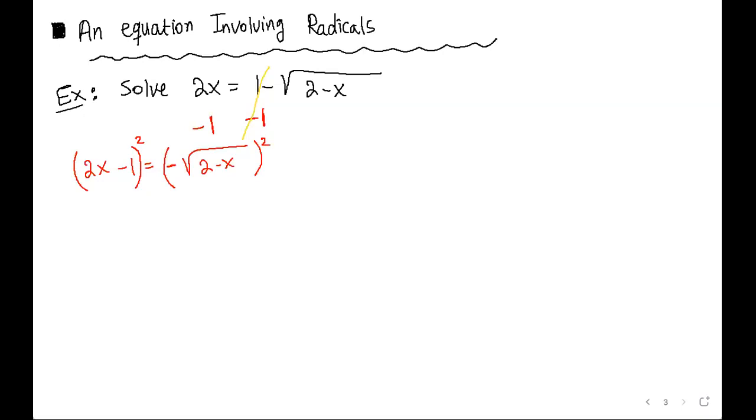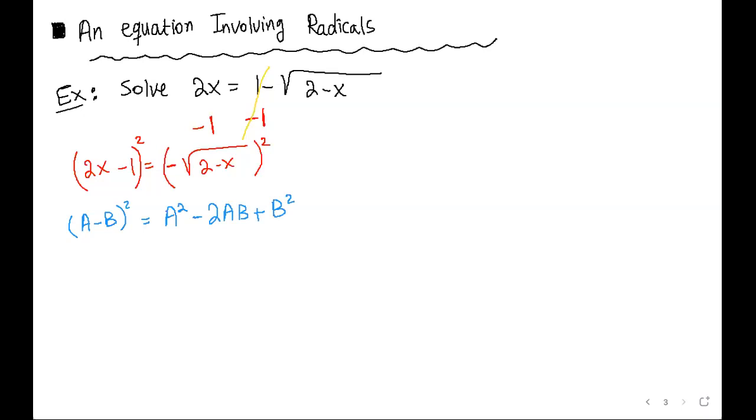So to square this side, I use the property, let me remind you again: a minus b, everything squared, is equal to the first one squared, minus 2 times the first term times the second term, plus the second term squared. Same thing here.